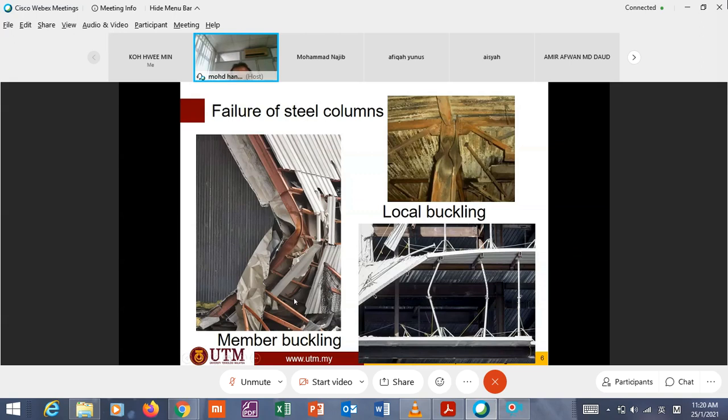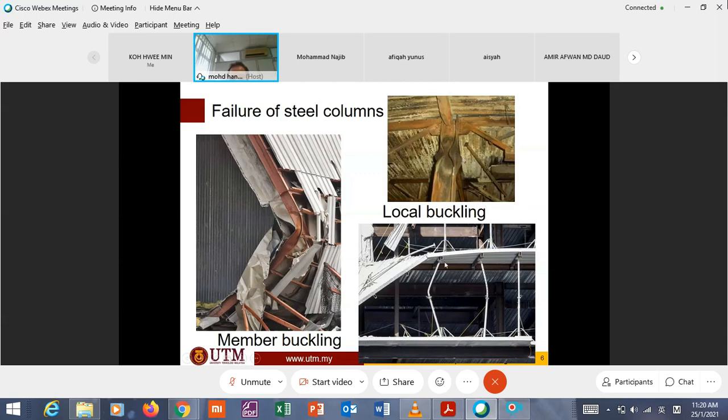Okay, and this is called member buckling. The word buckling is the topic of our lecture today. And this is called local buckling. We're not going to learn what local buckling is this semester; this one is next year, third year.